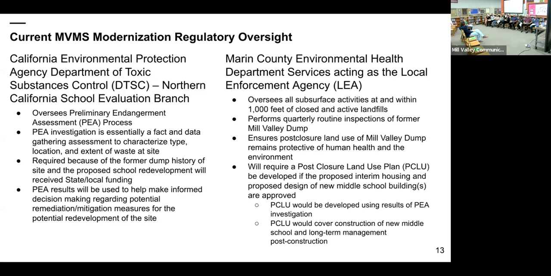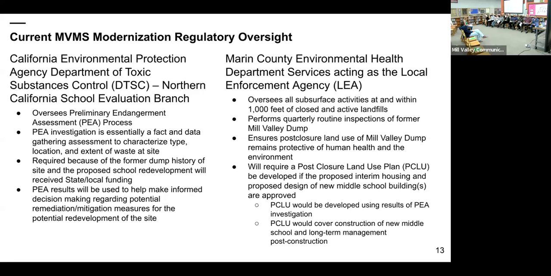So DTSC is required to oversee and make sure everything is done in accordance with their regulations. Results of the PEA are used to make informed decisions regarding any potential development or remediation for a school site.